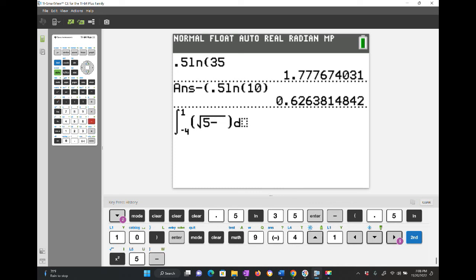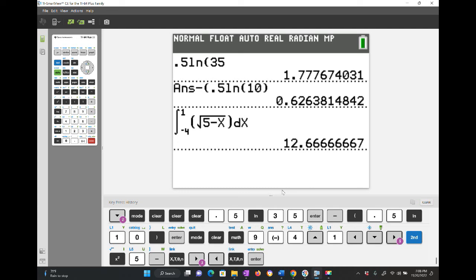It doesn't matter. I know it's a t in the question, but you can use 5 minus x. Whatever you do use, match it here. So if you get picky and you put in a t, isn't that our answer? Same answer. I strongly urge you, try technology first.